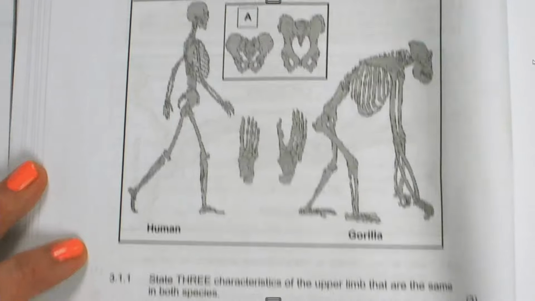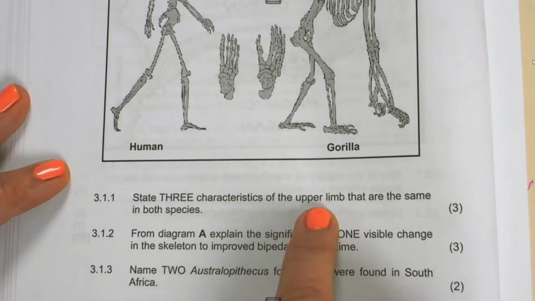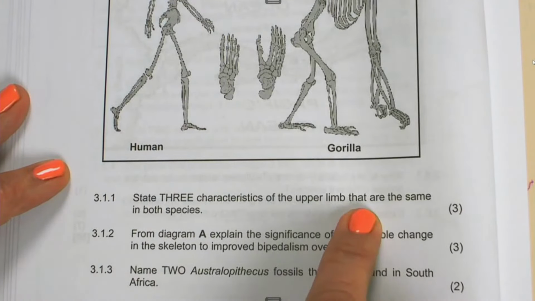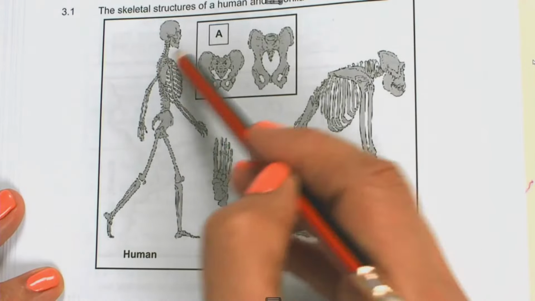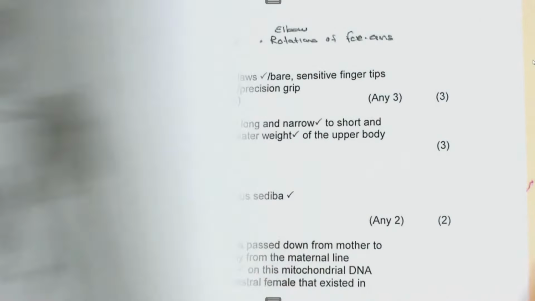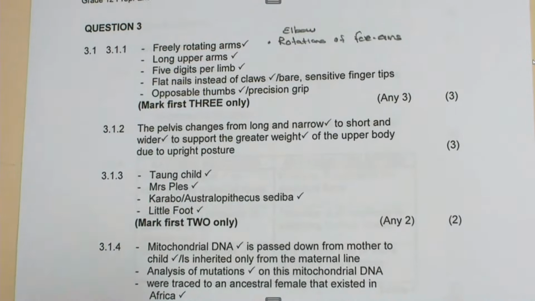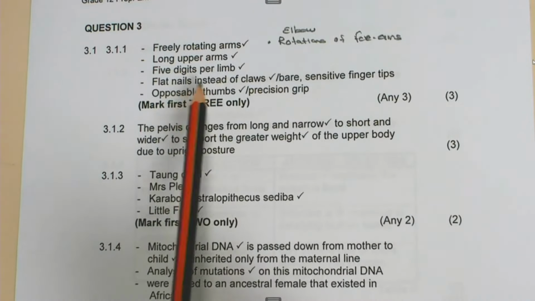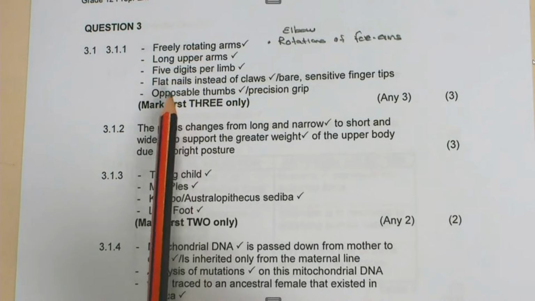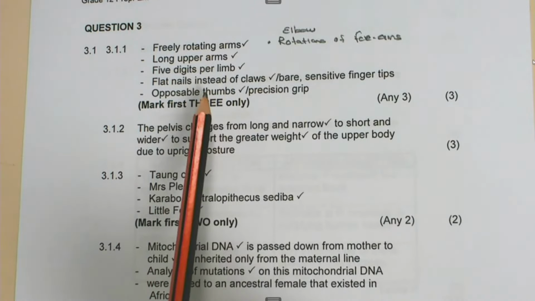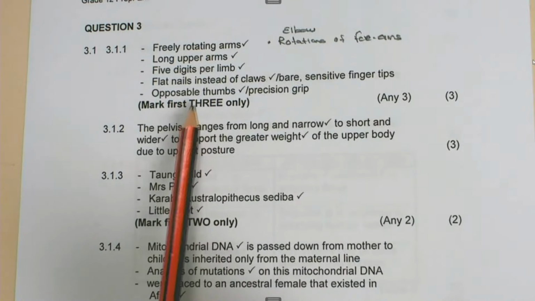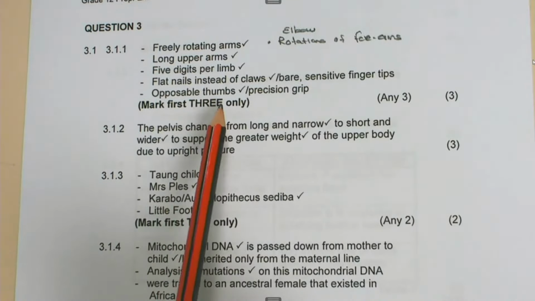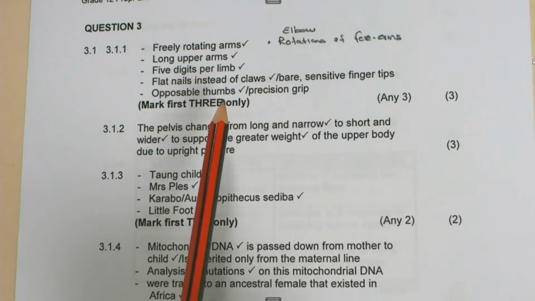Now the first question: state 3 characteristics of the upper limb that are the same in both species. So we're only going to look at the upper limb, and the similarities that you can use there are rotating arms, long upper arms, 5 digits per limb, flat nails instead of claws, and opposable thumbs.